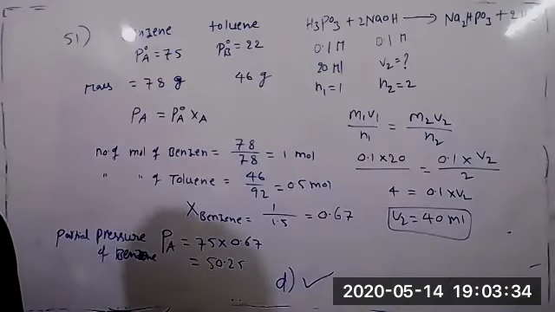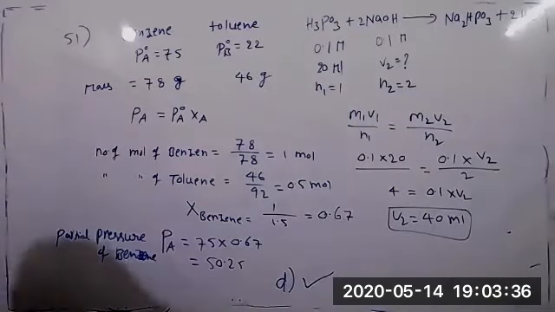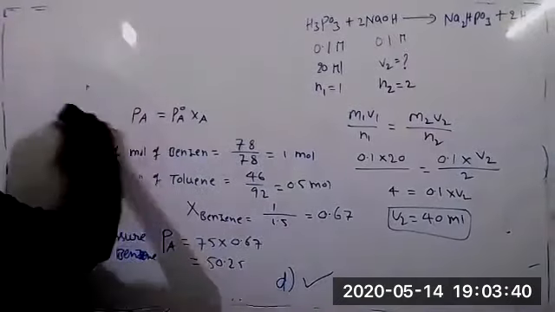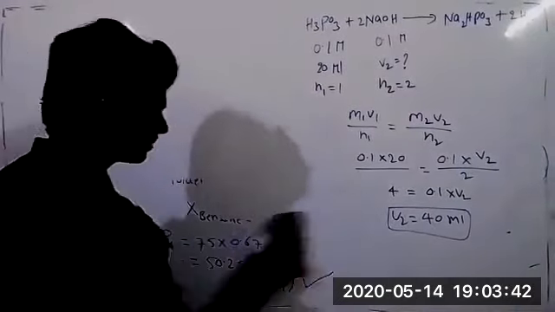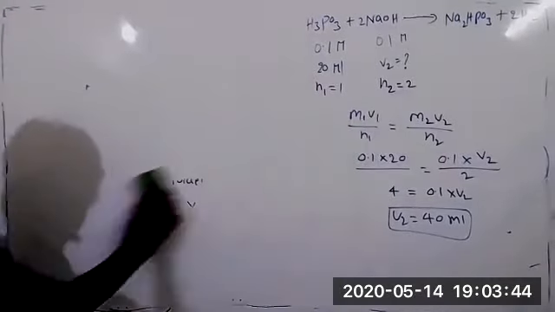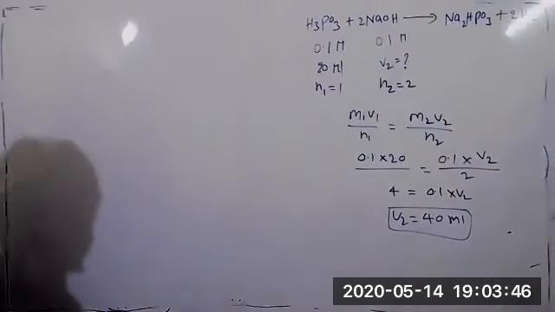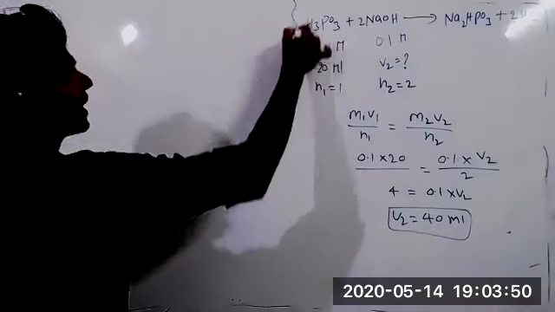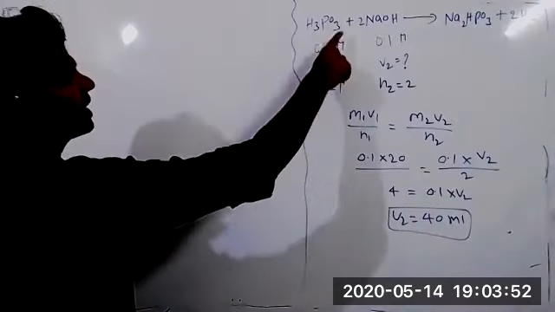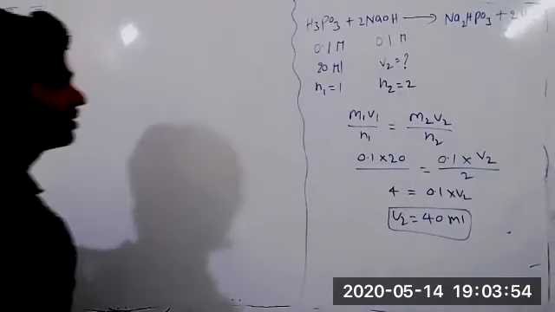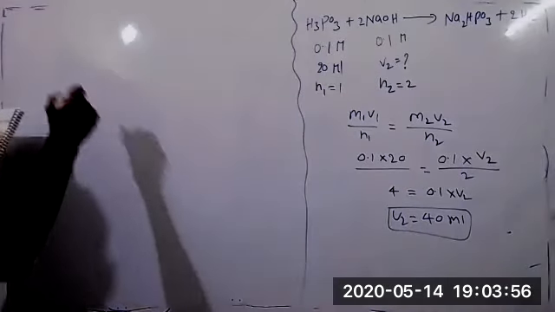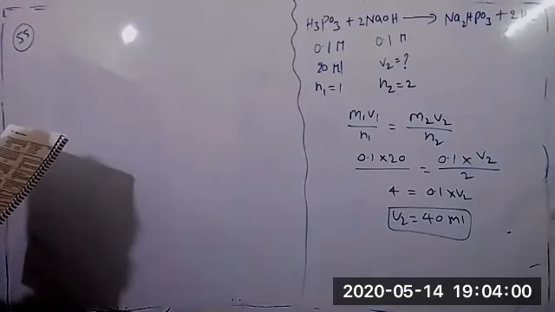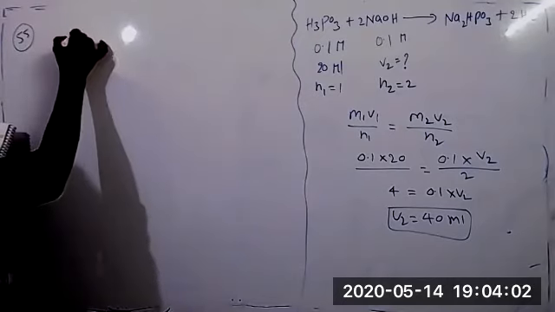So question number 55 is also the same. I will write the equation. Mind it, it is a dibasic acid, not a tribasic acid. Don't replace 3 hydrogens. Only 2 hydrogens are replaceable. 55 is barium hydroxide.